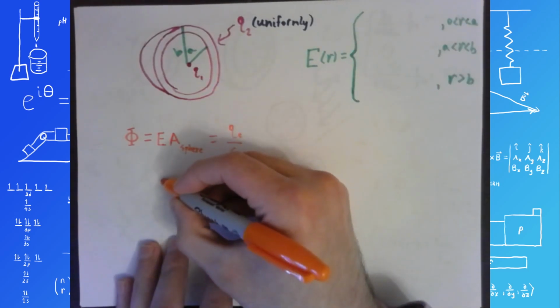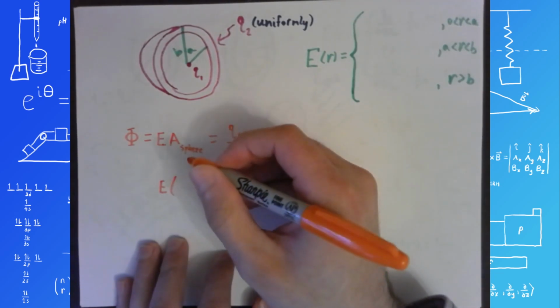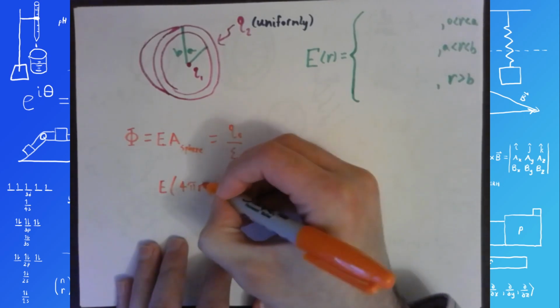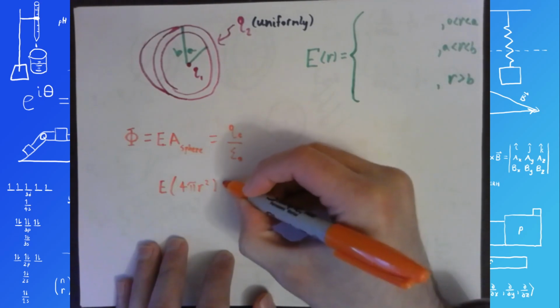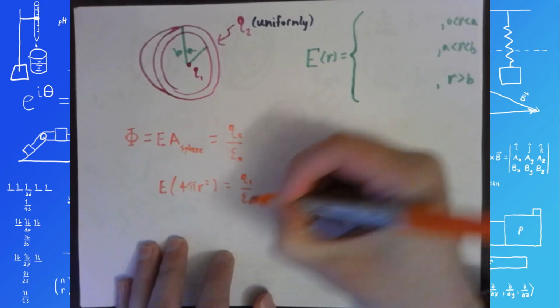So let's see, we have the electric field times the surface area of our sphere, which would be 4 pi r squared. And then charge enclosed is Q1 over epsilon naught.